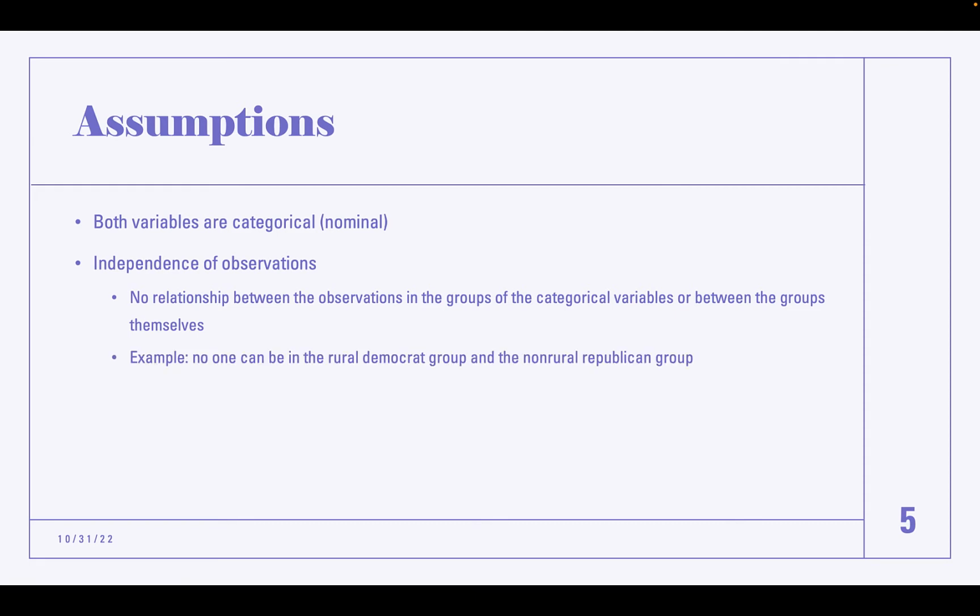An example here, what this is really saying is that no one can be in the rural Democrat group and the non-rural Republican group. So an individual or case only appears in a single grouping, in a single cross-tabulation. And lastly, which is really important, is that all cells should have expected counts greater than 5.